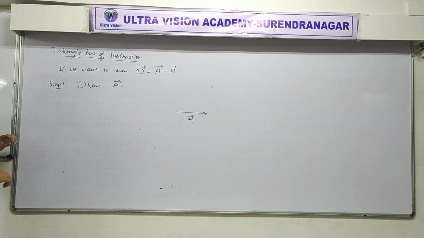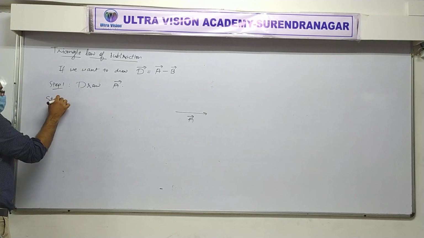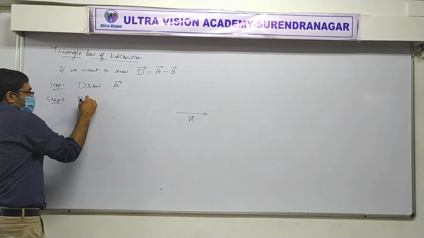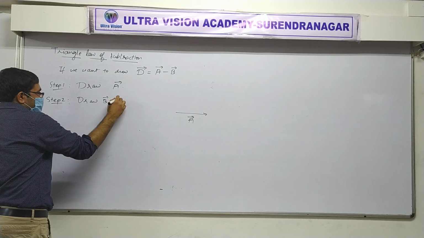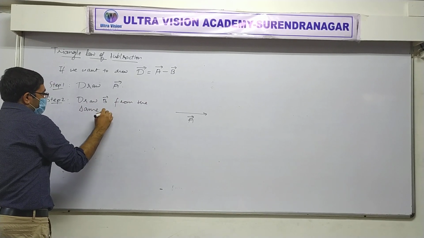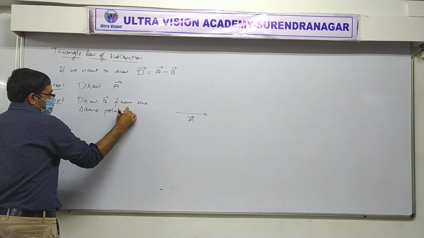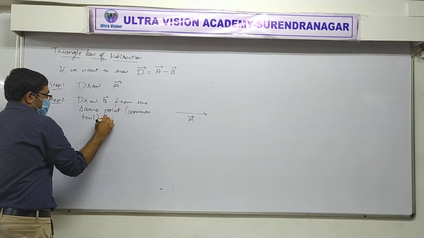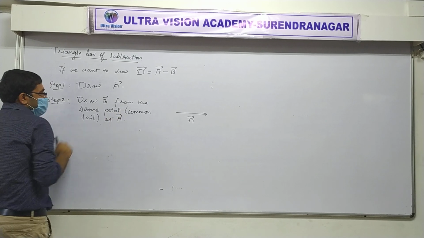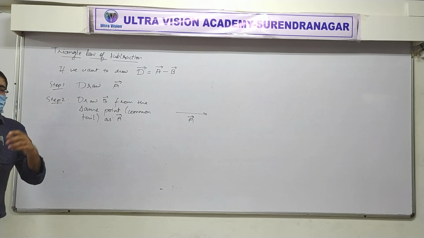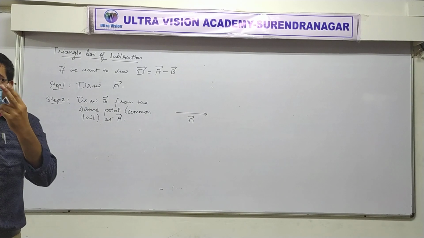Procedure is same. Step 2. Draw B vector from the same point, that is with common tail, as A vector. Here confusion may start. What was triangle of addition step 2?